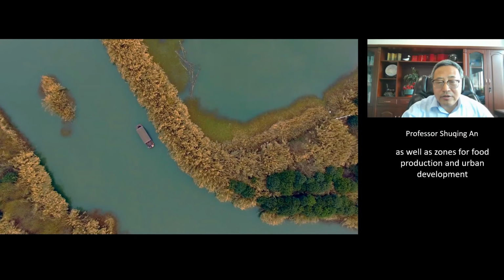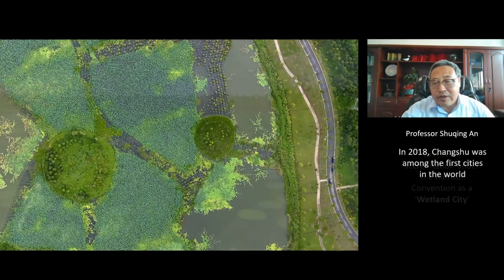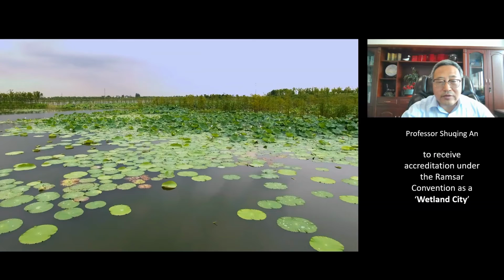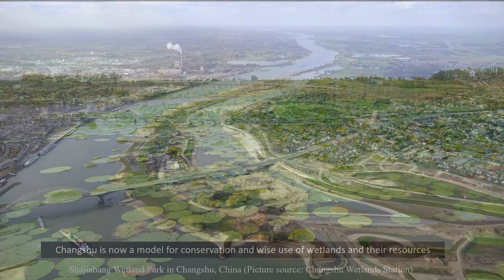In 2018, Changshu was among the first cities in the world to receive accreditation under the Lausanne Convention as a wetland city. Changshu is now a model for conservation and wise use of wetlands and their resources.